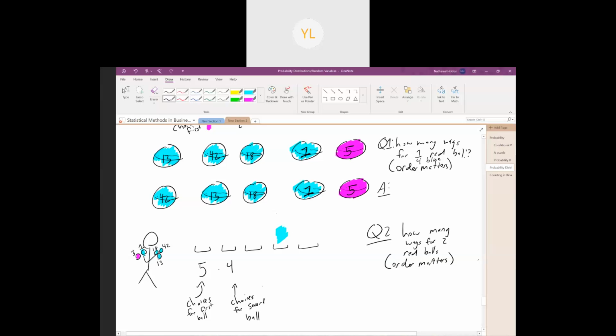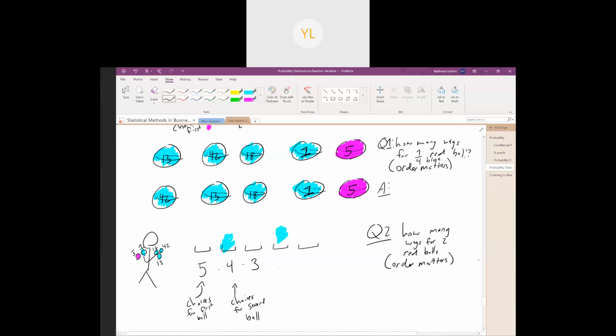Maybe put that ball here. So you have 3 balls left, and 3 choices for the third ball. Do you see a pattern yet?